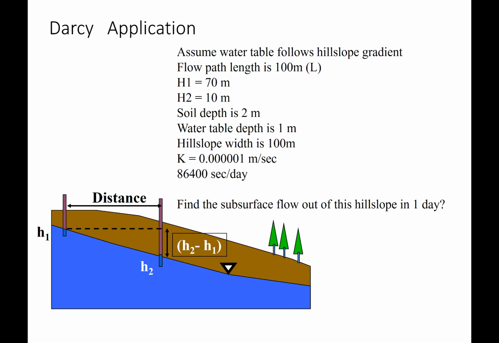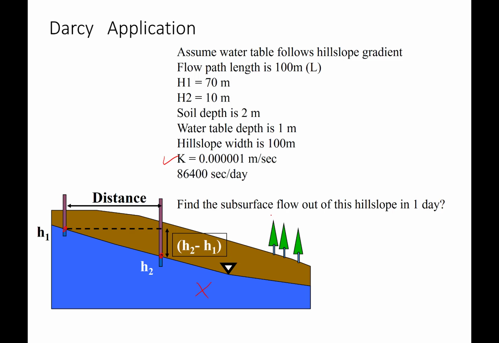So let's look at a simple calculation with Darcy. So here's our situation. We have a sloping hill slope. We have groundwater here. We can measure the elevation of the water table. You're given your hydraulic conductivity and some other dimensions associated with the hill slope.